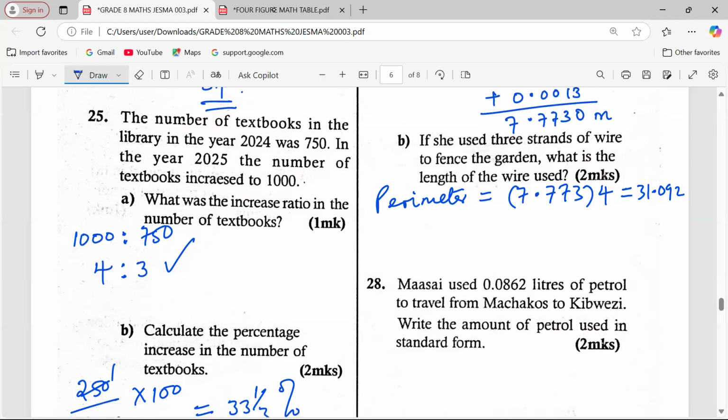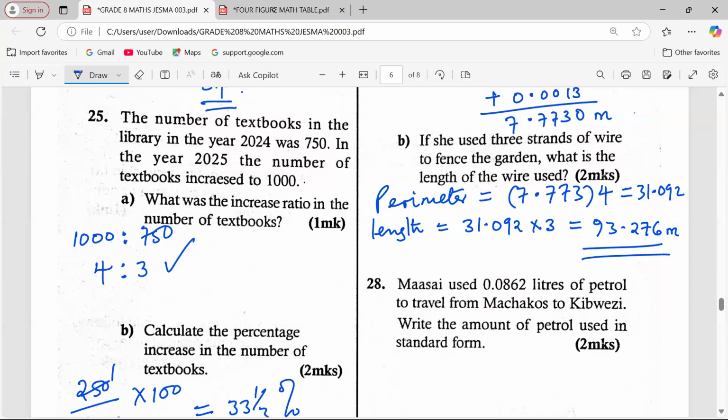So that we say now, length of wire shall be 31.092. We multiply this by 3. So when you multiply by 3, we get 93.276 meters.